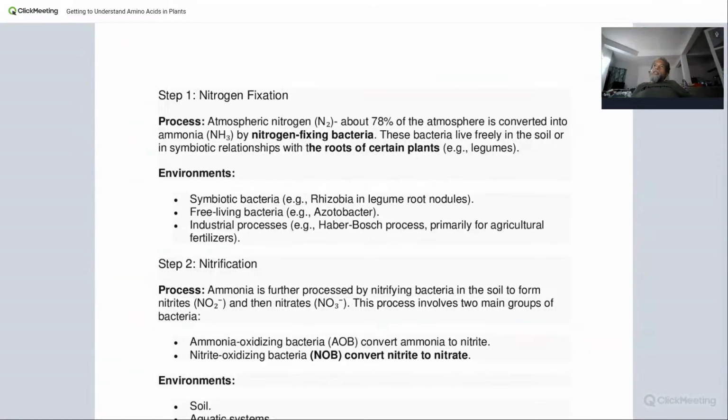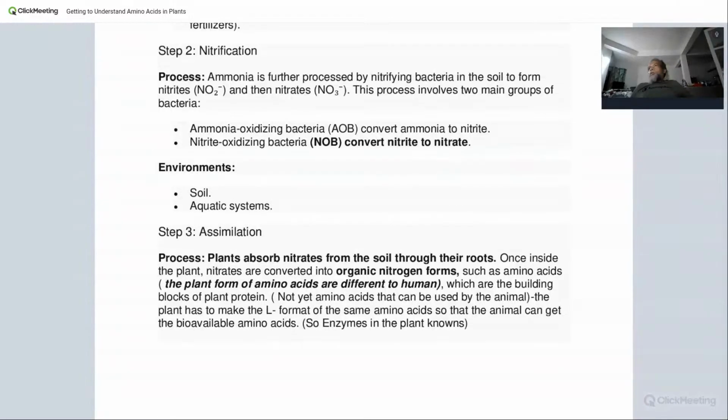Now, the second process is where the ammonia is processed by another bacteria in the soil to form something called nitrates. That is when they take the nitrogen and join it with oxygen, and it's in the negative charge.